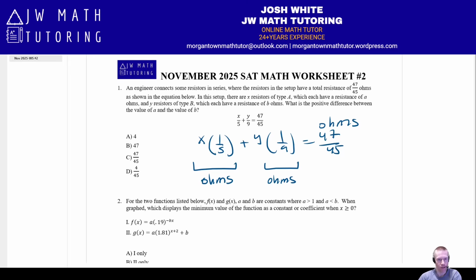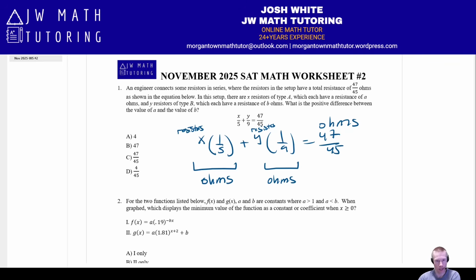X is the number of resistors, so the unit on it would be just resistors. How many you have? 5 resistors, 10 resistors, whatever it is. Same thing with Y: the unit on it is resistors.